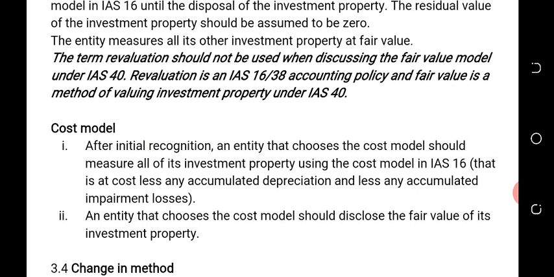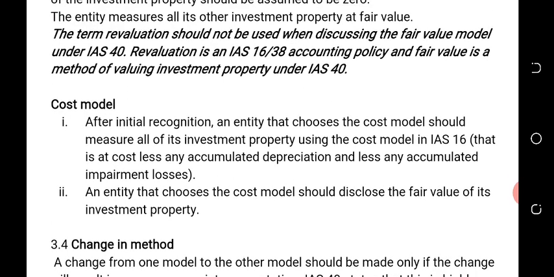The term revaluation should not be used when discussing the fair value model under IAS 40. Revaluation is an IAS 16 or IAS 38 accounting policy, and fair value is a method of valuing investment property under IAS 40.